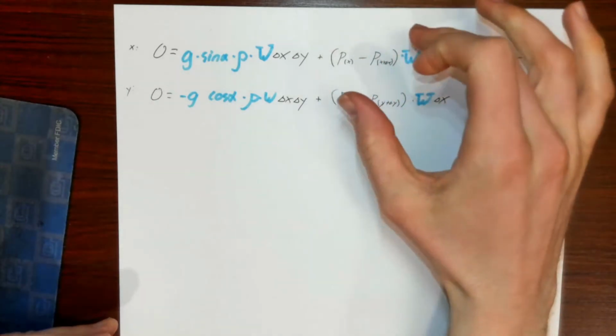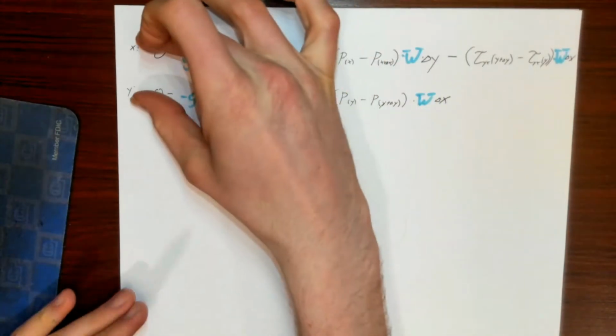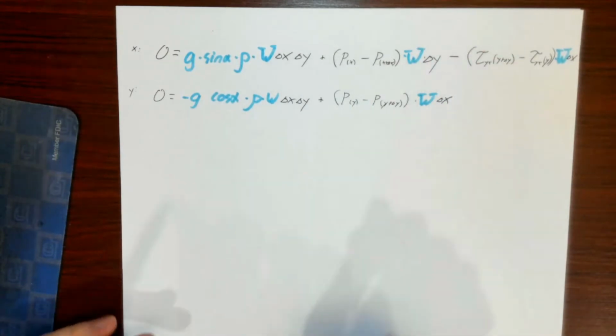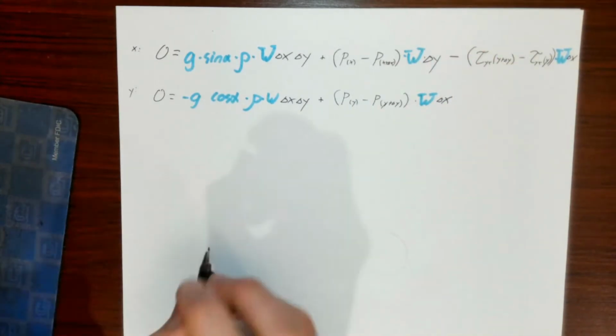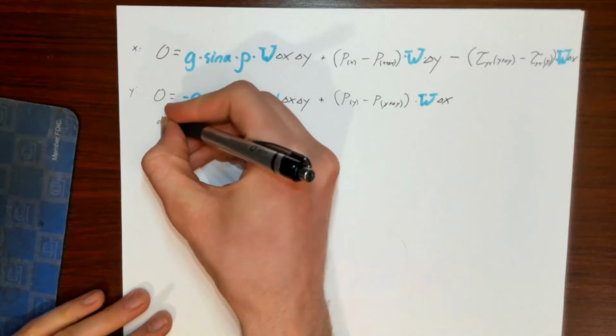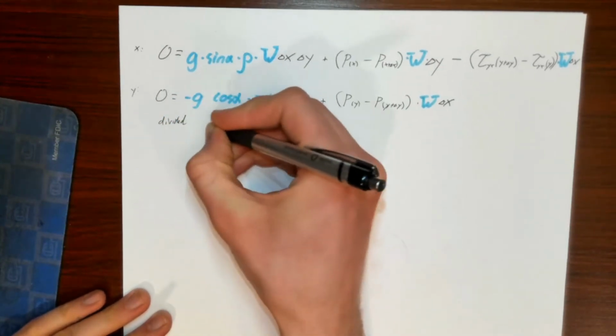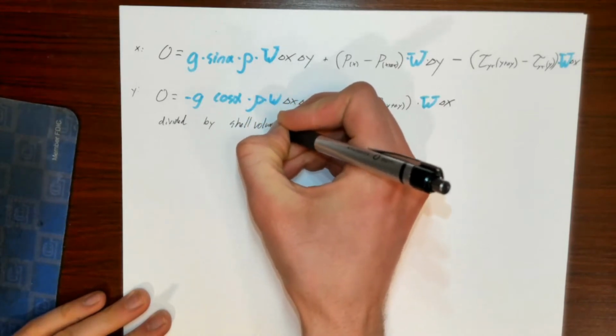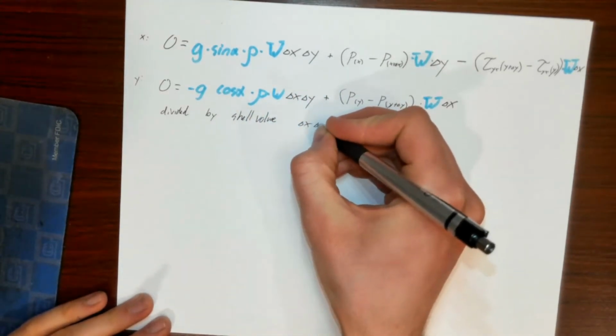Now remember, what was a trick we pulled with conservation of mass once we got to these big messy equations with a bunch of deltas and some differences between things? Well, a trick we did was we divided by shell volume, which was delta x, delta y, w.